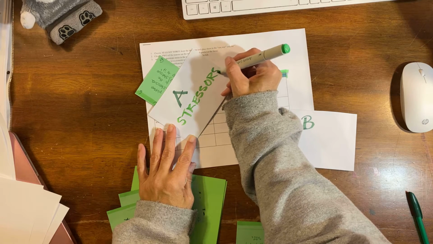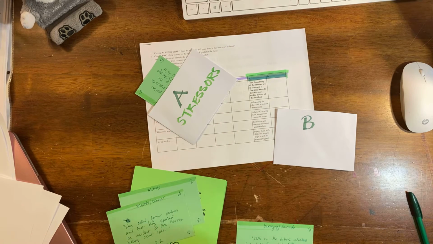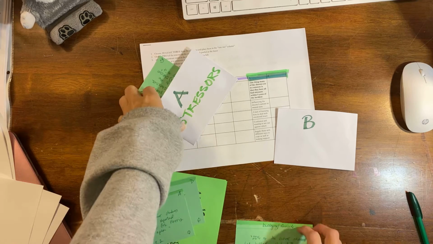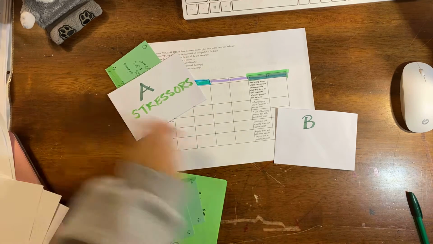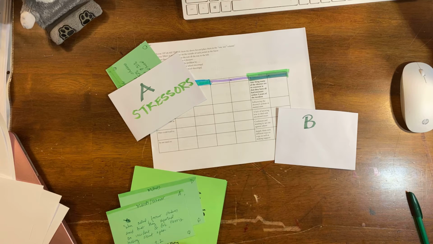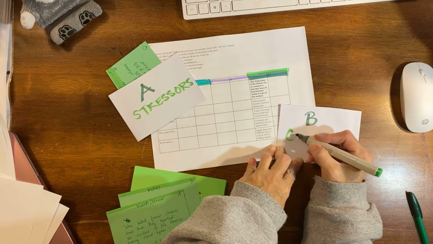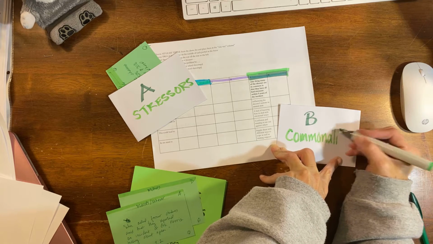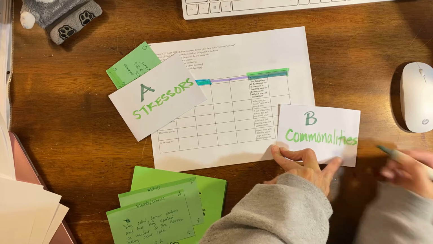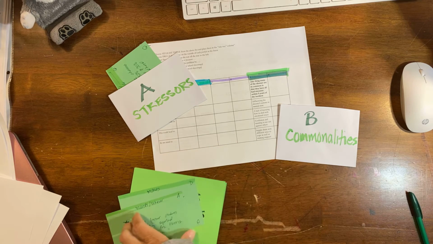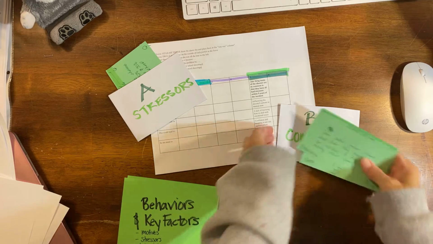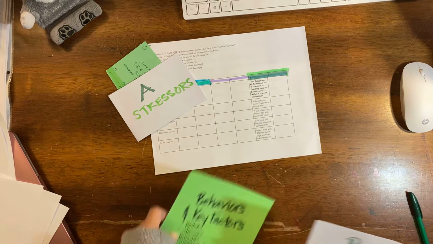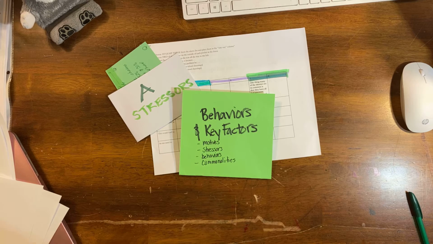Remember I picked out my two cards that go with stressors. And then after that I picked out my other thing, which was motives. Or commonalities, I think is what I actually used. Ooh, that marker's not much better. Commonalities. And then I chose my two note cards that went with that. I may still have note cards in here, but that doesn't really matter for right now.